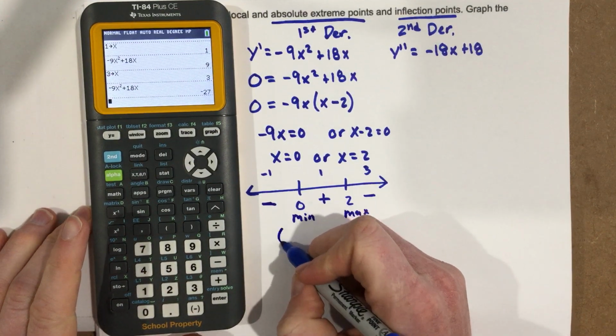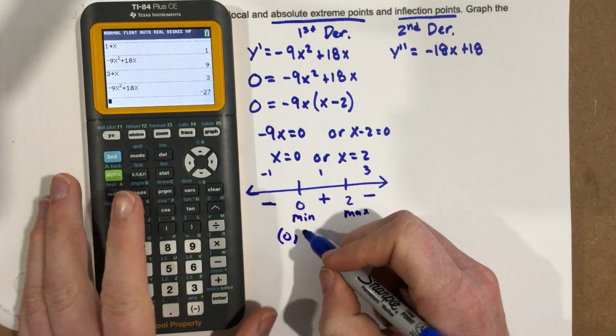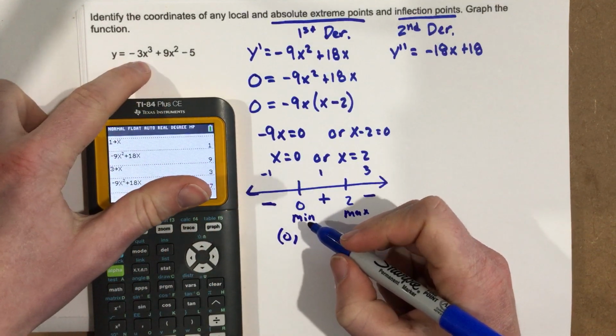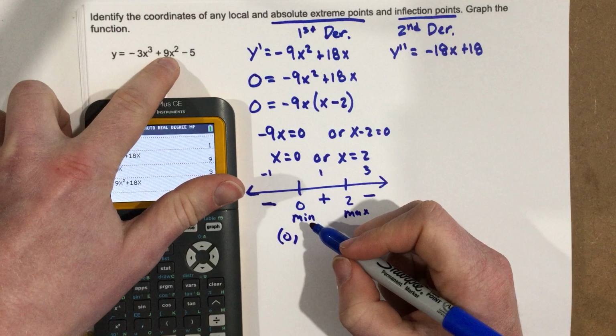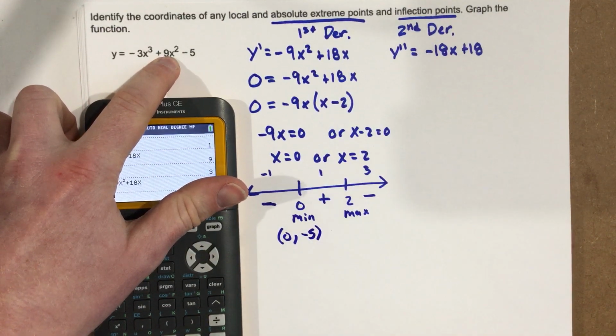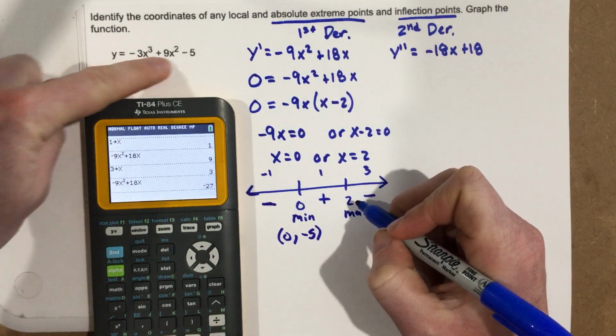But I know that this is at x equals 0, and let's find what the y value is there. Well, I plug that into the original function. So 0 goes in, cancels out this term, cancels out this term, leaves me with negative 5 for my minimum value. I plug in 2 into this function.